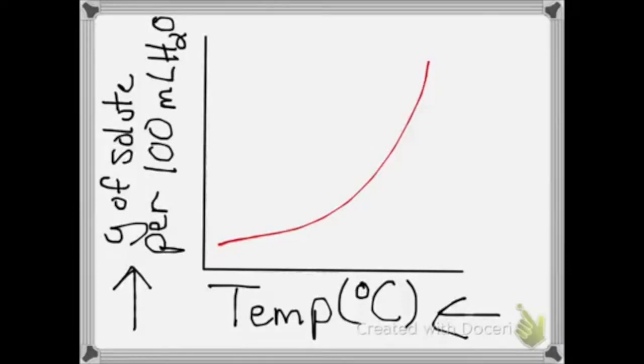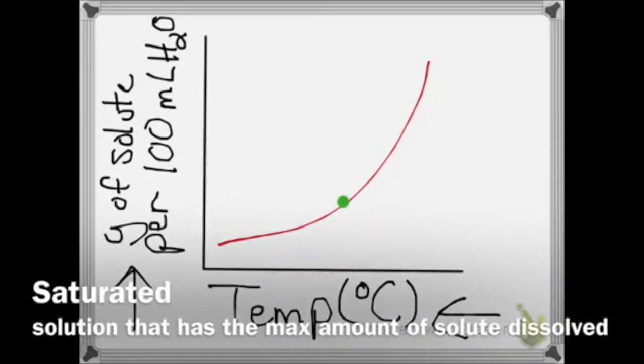So what this is telling us is if we have any point that is on our curve, like that, that will be the maximum amount of solute we can dissolve at that temperature. It's what we call a saturated solution. A saturated solution is a solution that can hold, like you said, the maximum amount at that temperature.